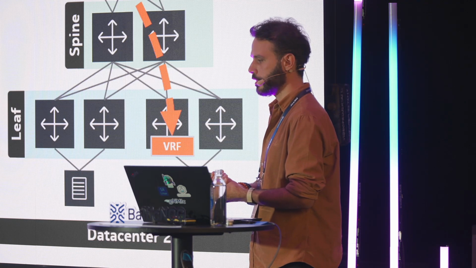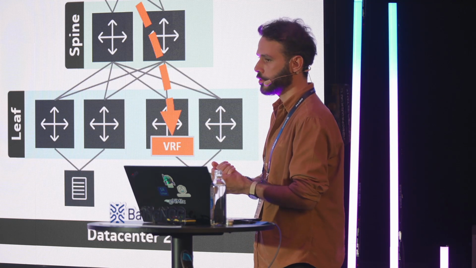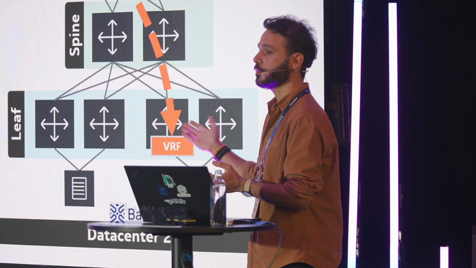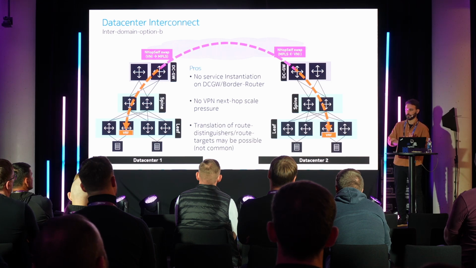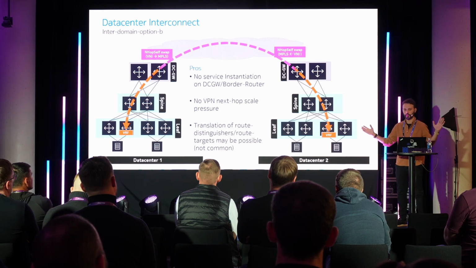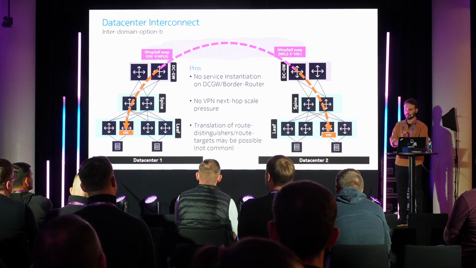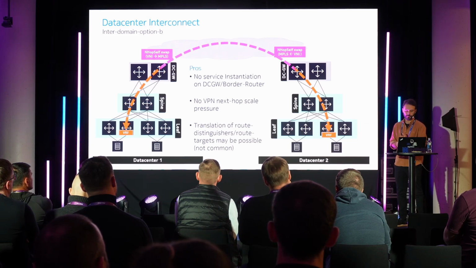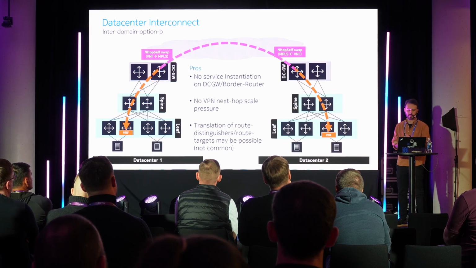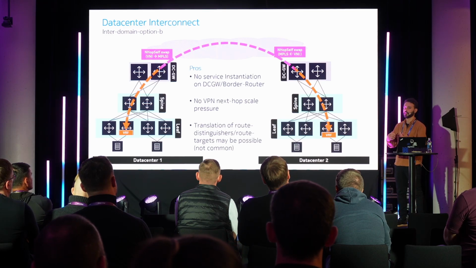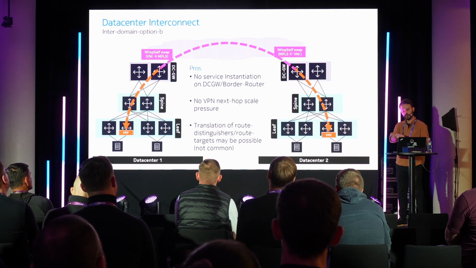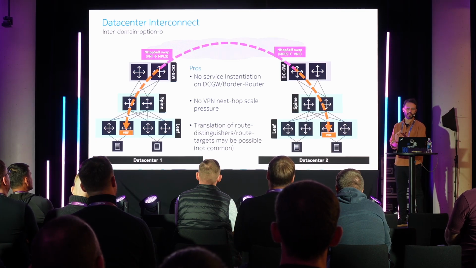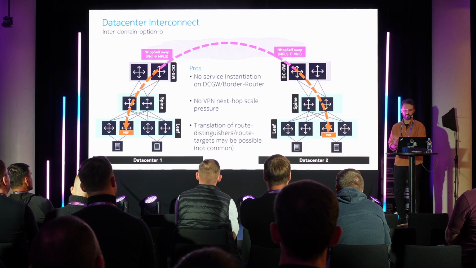If you're looking at a data center of thousands of nodes, a Trident chip cannot have thousands of next hop tunnels. That creates a next hop scale pressure because we are now operating our data centers in one big domain. Then every next hop has to be installed in the FIB. This eliminates that. Basically, the data center gateway rewrites itself and announces itself as the next hop. From a leaf point of view, all data center 2 next hops are next hop data center 1. So we basically eat only one next hop tunnel address.